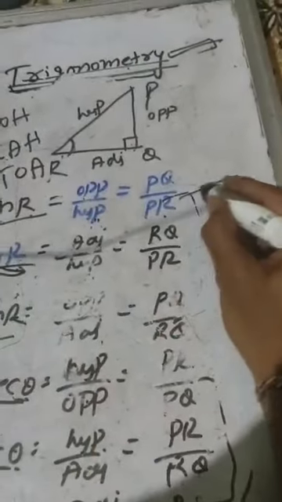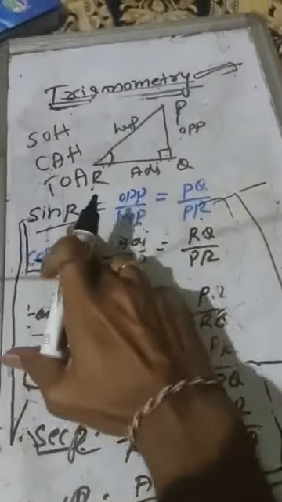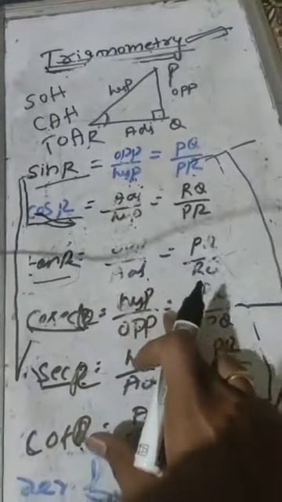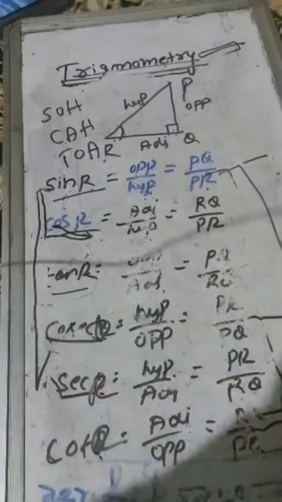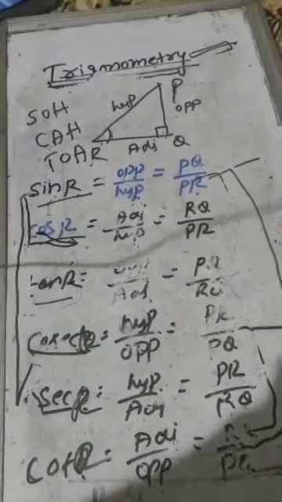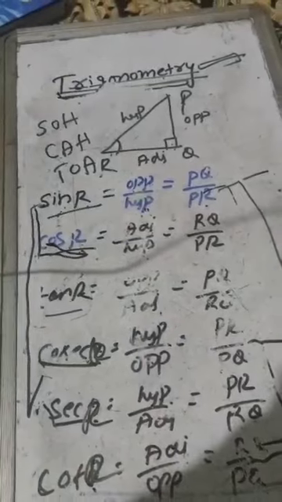Just the reciprocal of sin gives cosec. Sin R means opposite by hypotenuse, cosec R means hypotenuse by opposite. What is the reciprocal of sin R? That is cosec R. Understand?